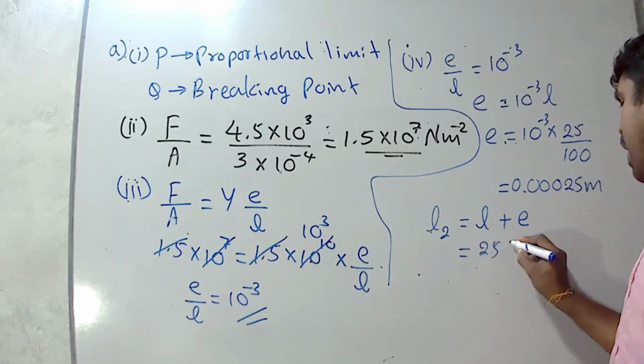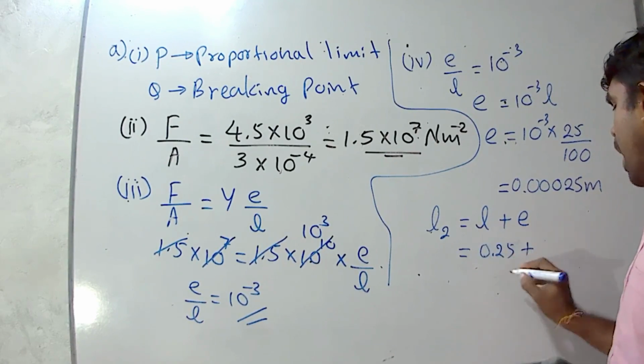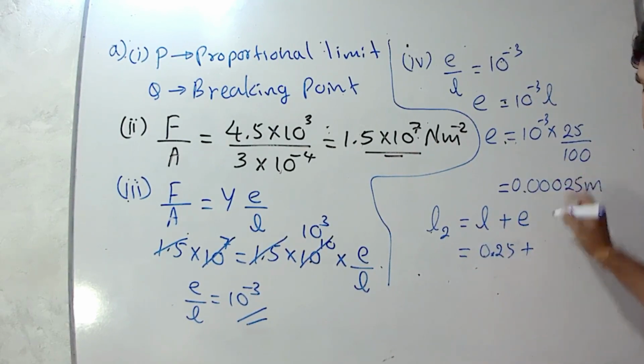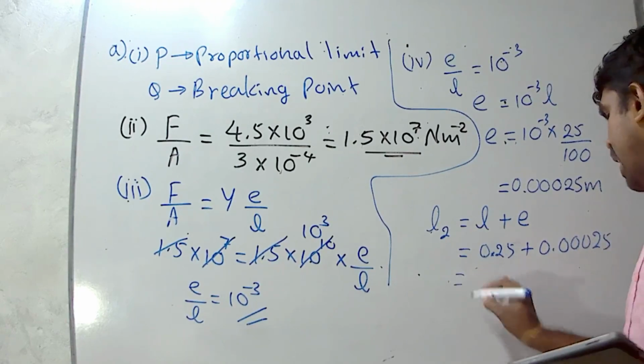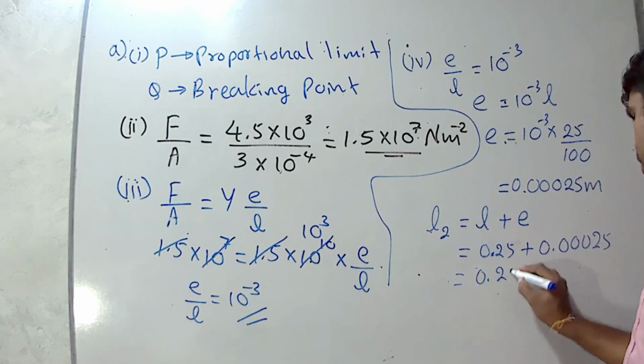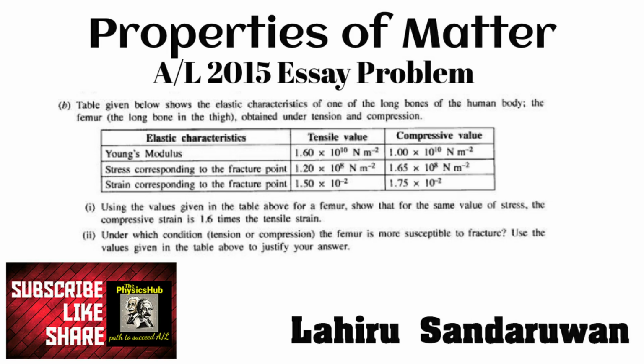Initial length 25 centimeters means 0.25 meters, plus extension 0.00025. Adding, we get 0.25025 meters.